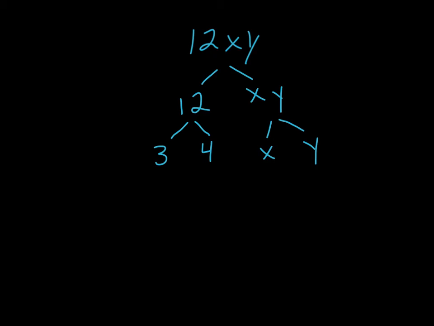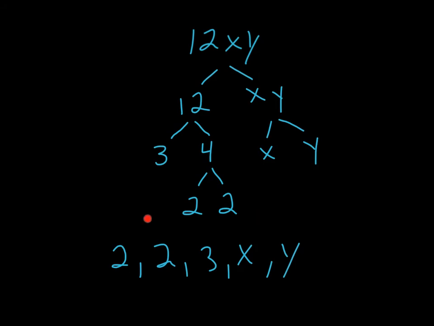And I know that 3 is prime, so I'm going to go with that. 4 though, that's 2 and 2. So the prime factorization for this is 2, 2, 3, x, y. And you notice when I write my final answer, I put them in order. So even though I had 3, 2, 2, I go 2, 2, 3, x, y.